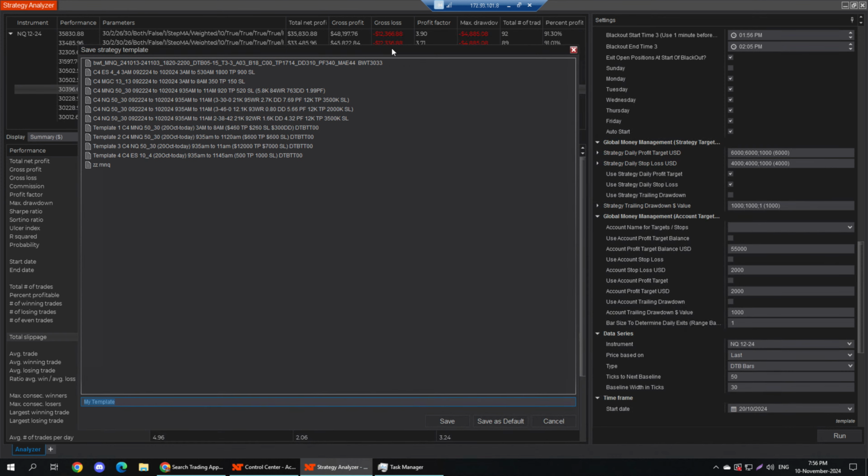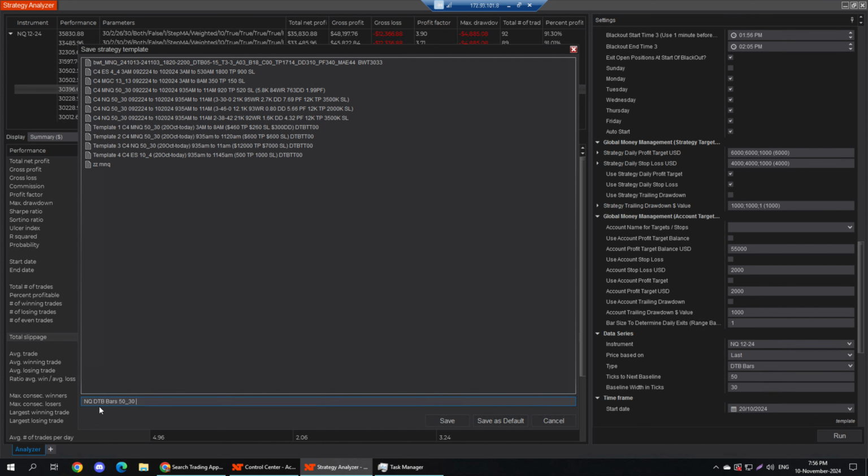And what you can do over here is you can say NQ, let me just get this thing out the way, NQ DTB bars 50 underscore 30. So you're just trying to give a description for your template, right? And this is also very helpful if you are sharing templates with others.